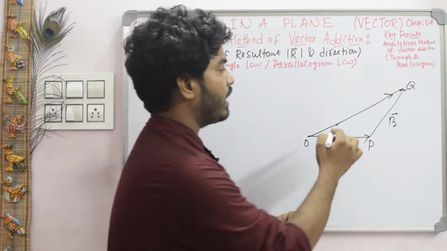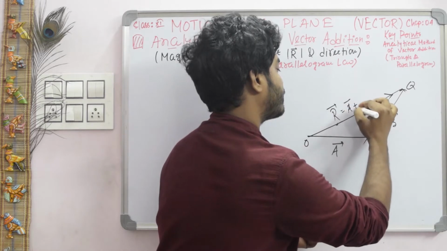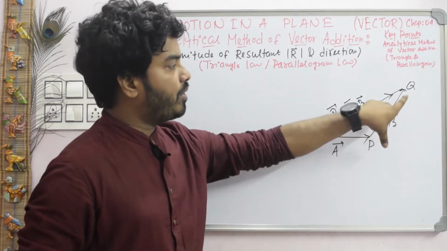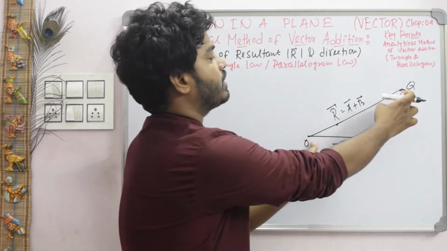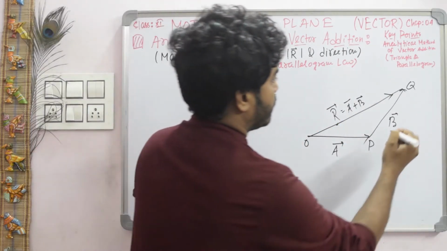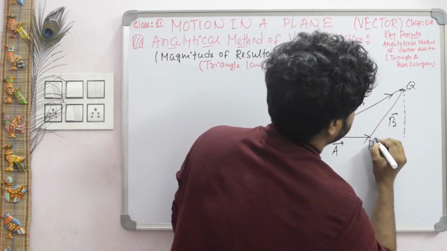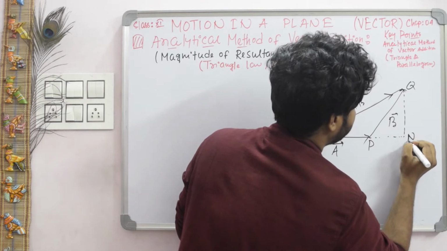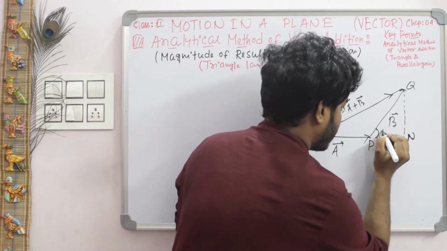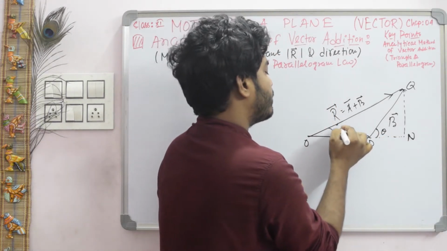Here OQ represents the resultant, so you write resultant R equals vector A plus vector B. OP represents vector A, PQ represents vector B, and OQ represents the resultant R, that is vector A plus vector B. Now draw from Q and extend OP up to the meeting point, named N. This angle is theta, the angle between vectors A and B, and this angle is beta.